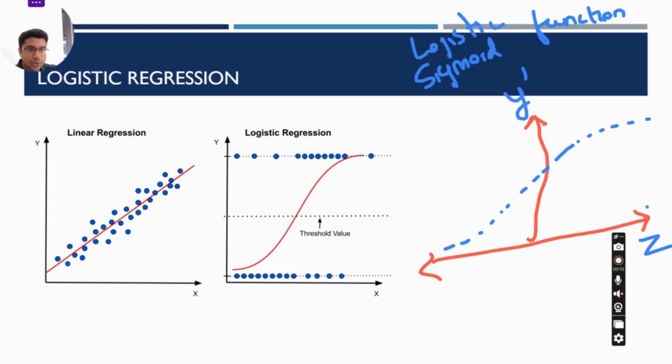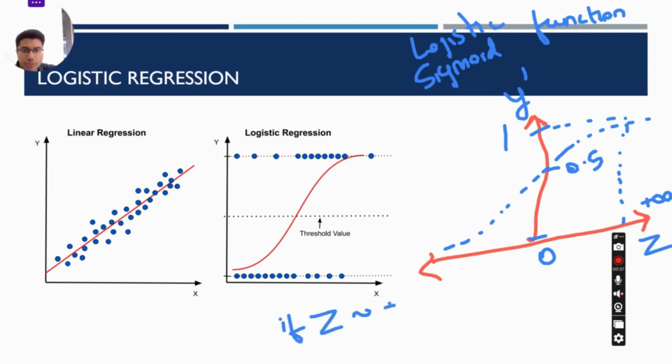When Z is towards positive infinity, y dash is close to 1.